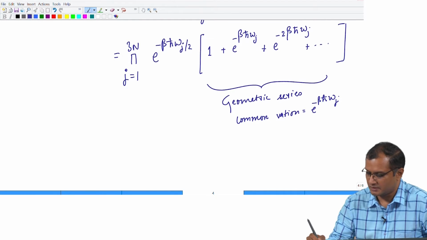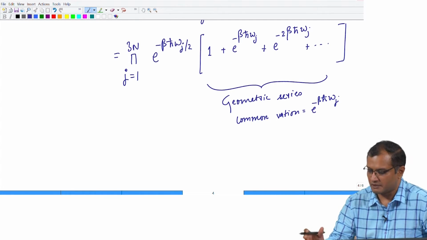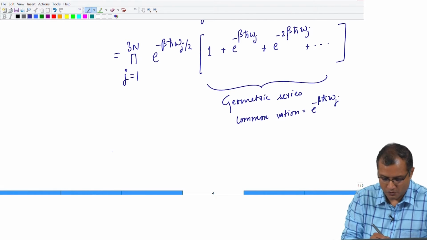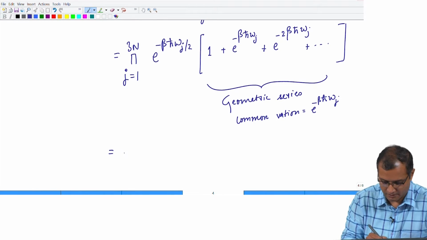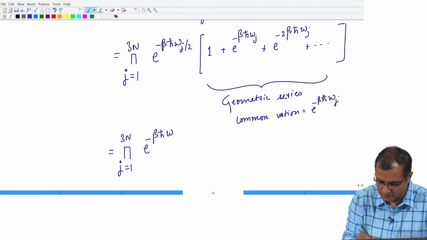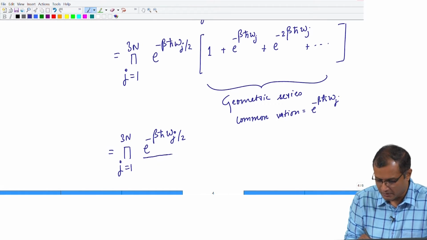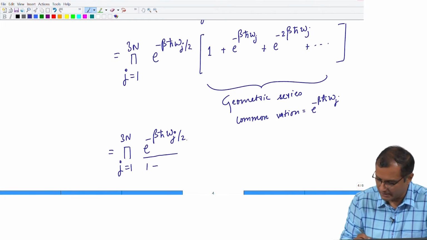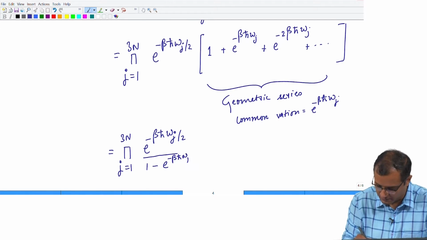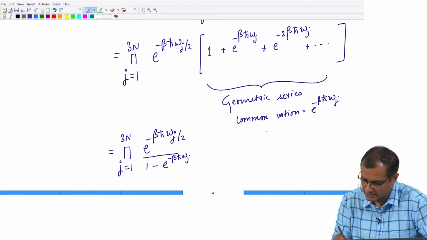So this series is uniformly convergent for this common ratio, and so I can write this as a product over j going from 1 to 3n of e raised to minus beta h cut omega j by 2, and the geometric series has been reduced to the sum, which is 1 upon 1 minus the common ratio, which is e raised to minus beta h cut omega j.